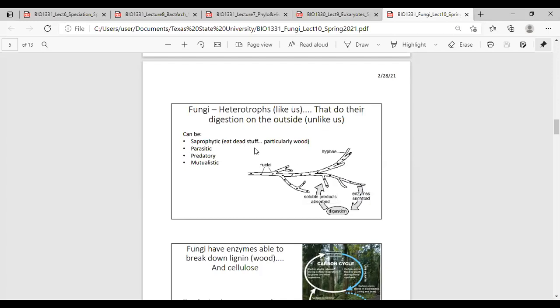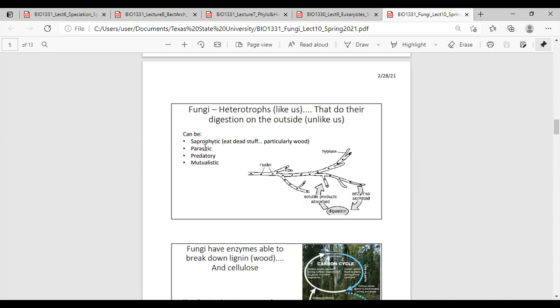That's one way. Parasitic is another way they get their nutrients: they live on the host, either a plant, animal, whatever, and feed off the nutrition of the host. The host doesn't get anything in return. In fact, they're usually hurt by the fungus. Not in all cases, but a parasite gets its energy from the host and gives nothing back.